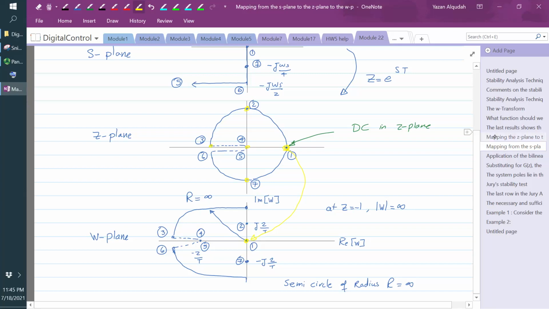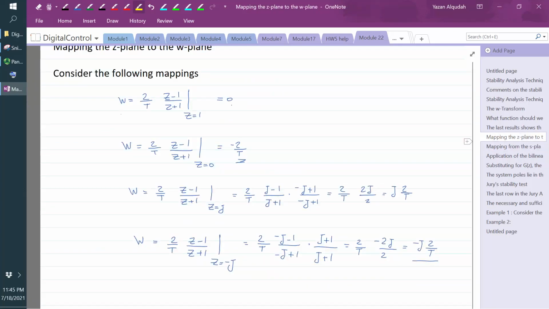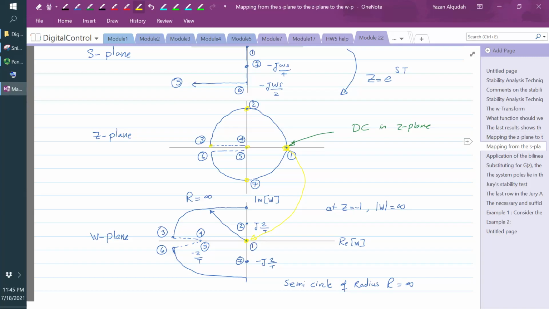When z is equal to j, it got mapped to j 2 over T. So when I am at point 2, which is equal to j, this point got mapped to this point here.